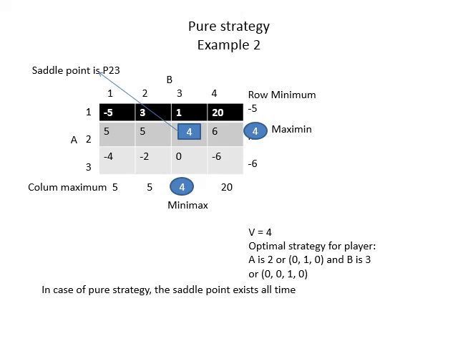Now let's move to column maximum. Now we have 4 columns. The maximum value in column 1 is 5.